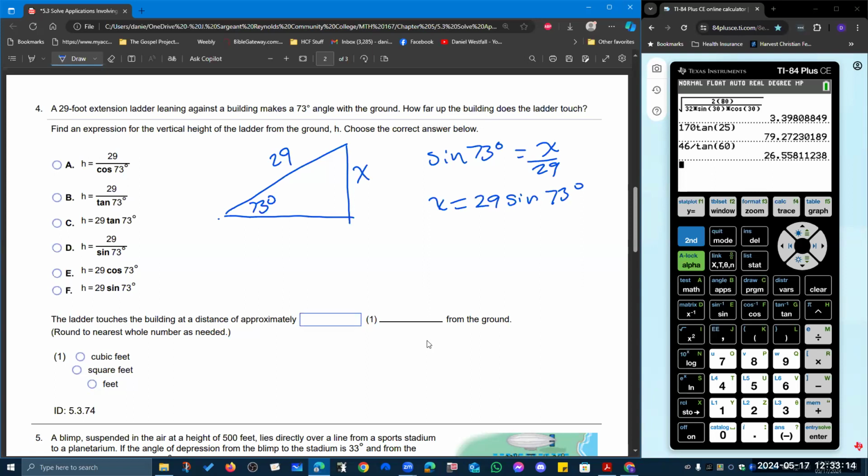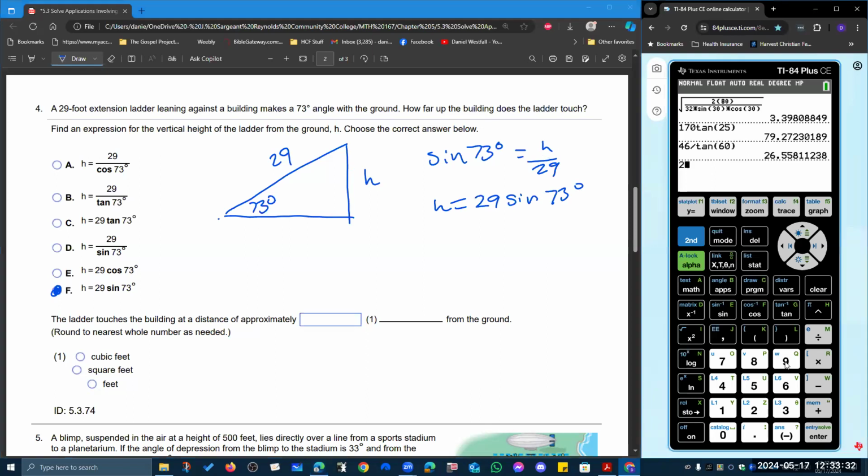Let's call this h for height. h equals 29 sine of 73 degrees.